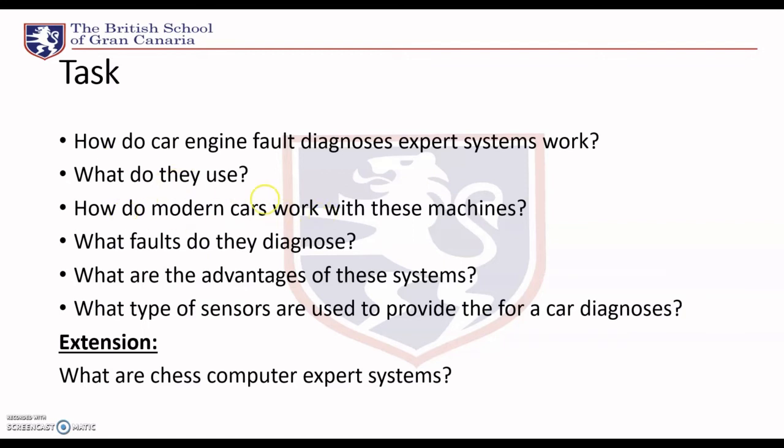Take a look at how modern cars work with these machines, what faults they diagnose, what the advantages of this system are, and what types of sensors are used to provide car fault diagnosis. Now, what I'd like you to look into after that is a chess computer expert system.